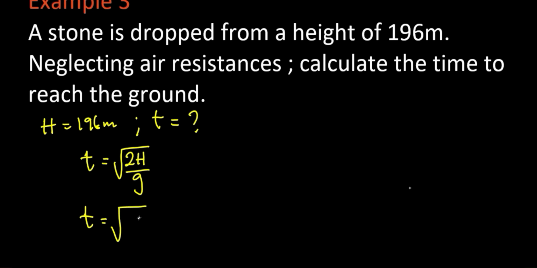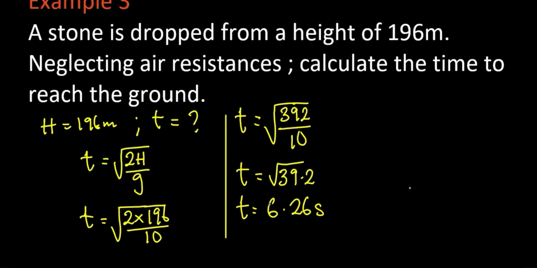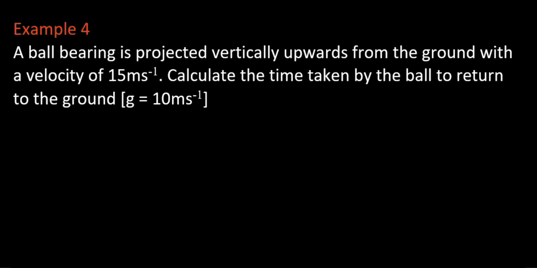So you plug everything into our formula: 2 times 196 divided by 10. We get t is equal to the square root of 392 over 10, so t is the square root of 39.2. t is equal to 6.26 seconds.